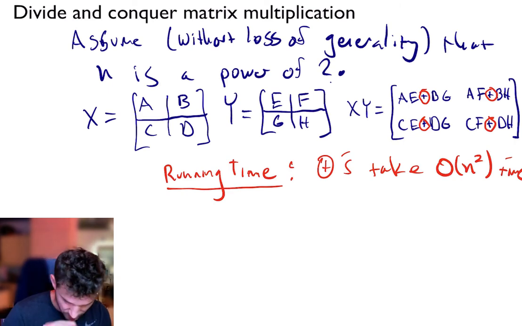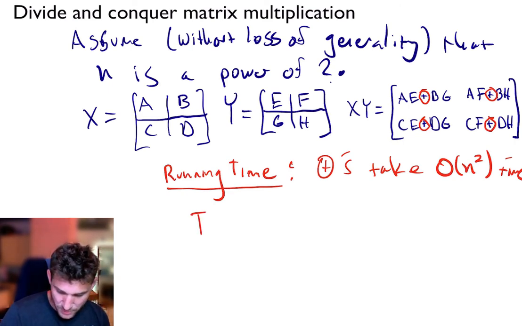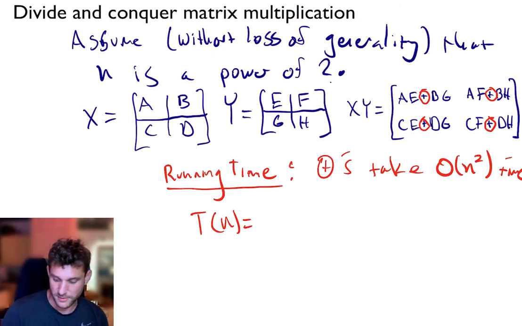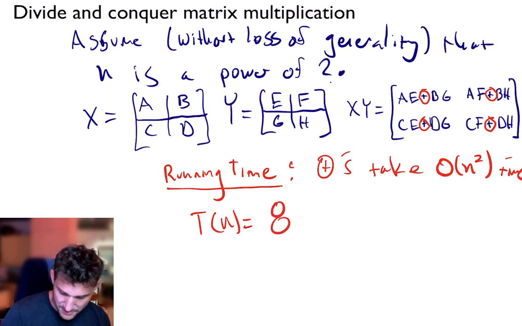Let's think more about the recurrence relation. So the recurrence relation for the whole algorithm is going to be T of n equal to, notice that we have to do 8 different multiplications: 1, 2, 3, 4, 5, 6, 7, and 8. Right? We had to do 8 multiplications to complete this algorithm, and so we're going to have the number 8 of these things.